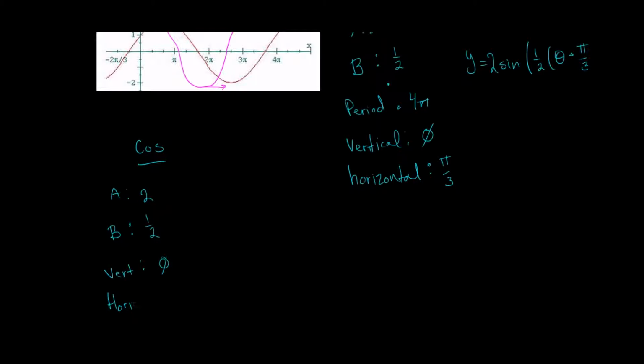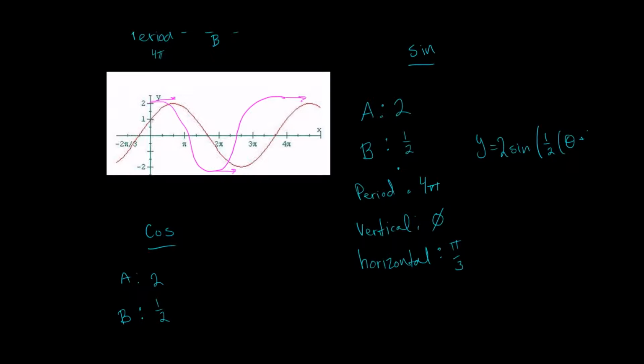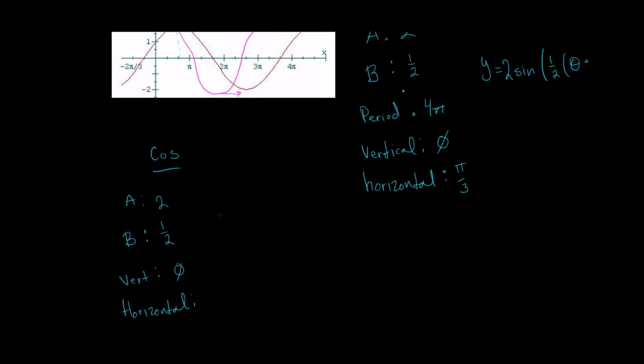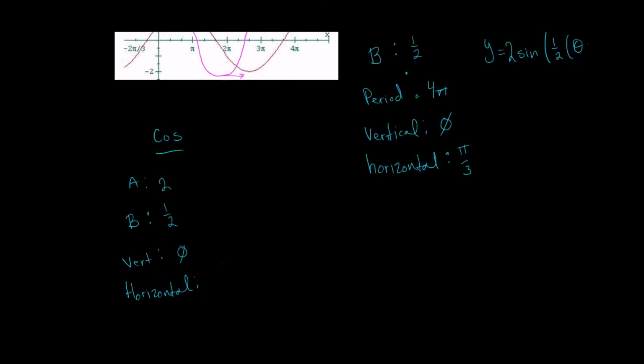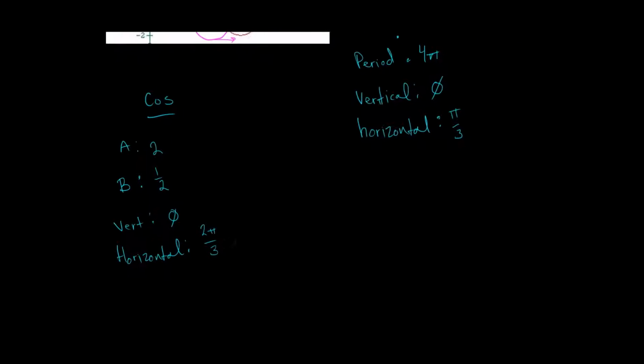is the horizontal shift. Now, if we take a look at the horizontal shift, I went from this point to this point. And what this corresponds to is actually a shift of 2/3 pi. So I'm just going to say that's 2 pi over 3. So now if I wrote it out, what do I have?